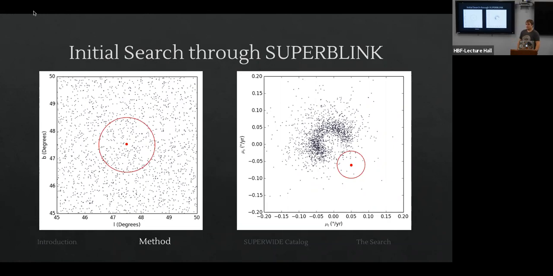Naively, I would have expected the search circle in proper motion space to be whatever the 3 sigma or 5 sigma proper motion uncertainty is. And when we look at the real pair distribution, that is what we see. So we overestimated it, but we were just making sure we got everything.